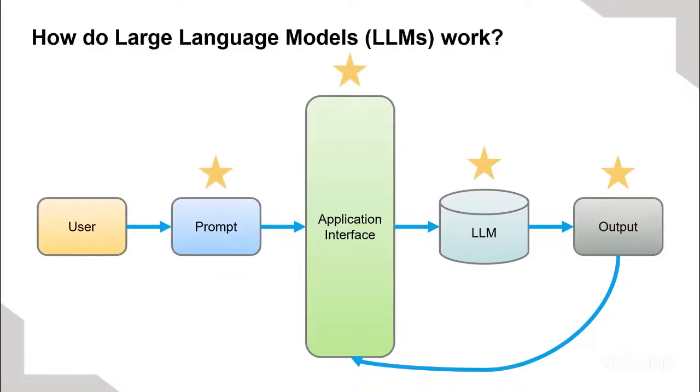So mostly, the work goes on in the prompt, in the application interface, and the LLM in the output. Our focus today will be more on the prompt. What you can do as a prompt engineer to get the best result. Because you might not be able to make any changes in the application interface.